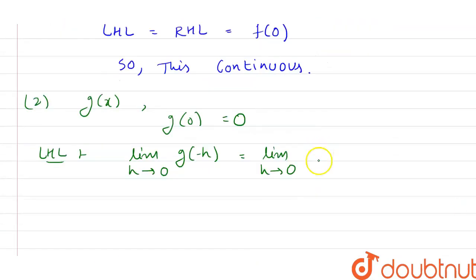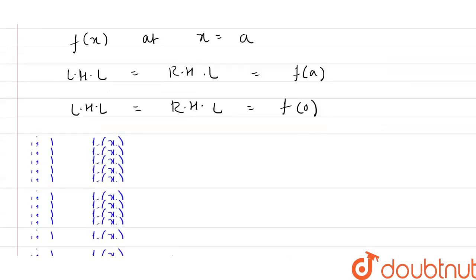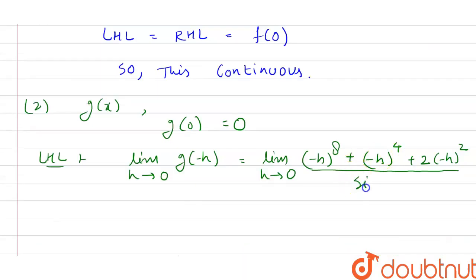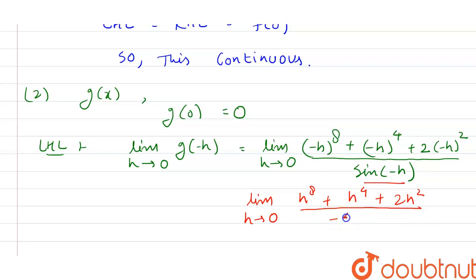This is equal to the limit as h tends to 0 of ((-h)^8 + (-h)^4 + 2(-h)^2) upon sin(-h). Now we have a property of sine, that sin(-theta) is equal to -sin(theta), so this can be written as the limit as h tends to 0 of (h^8 + h^4 + 2h^2) upon -sin h.